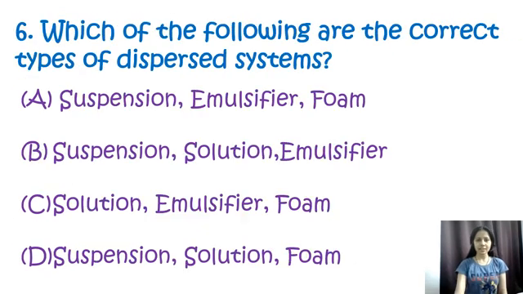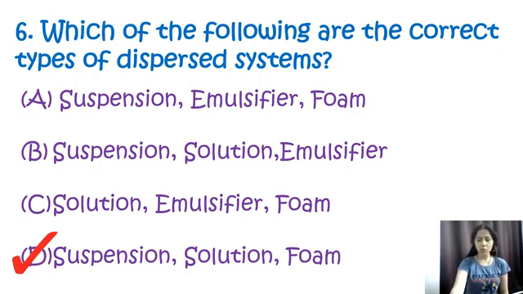So question number 6. Which of the following are the correct types of dispersed system? Options are suspension, emulsifier, foam; suspension, solution, emulsifier; solution, emulsifier, foam; or suspension, solution, foam. So my correct option will be D, that is suspension, solution and foam. So what exactly does suspension mean? Suspension means solid particles which are dispersed throughout a liquid medium.